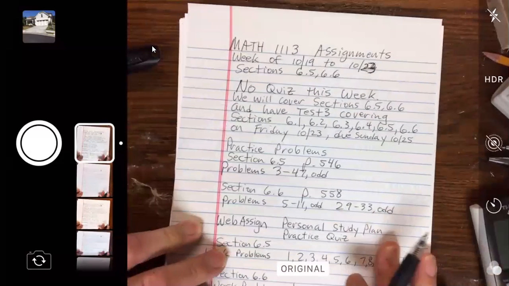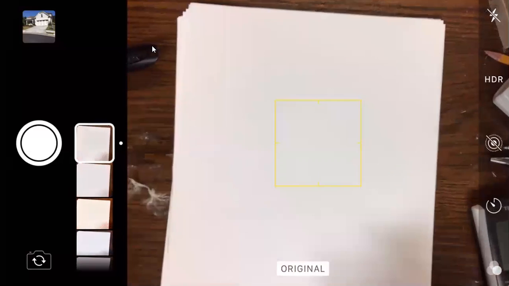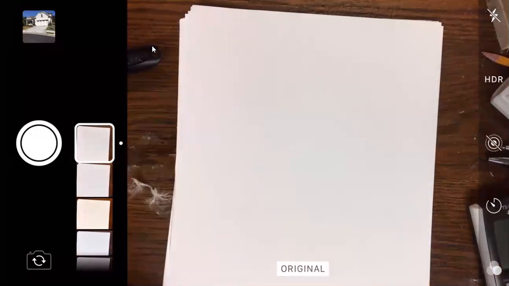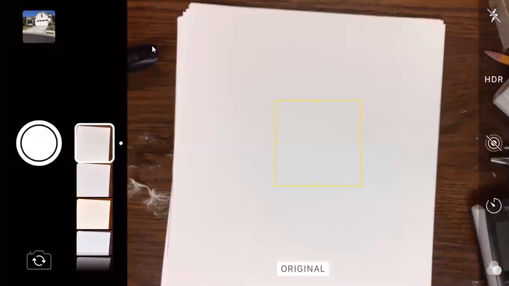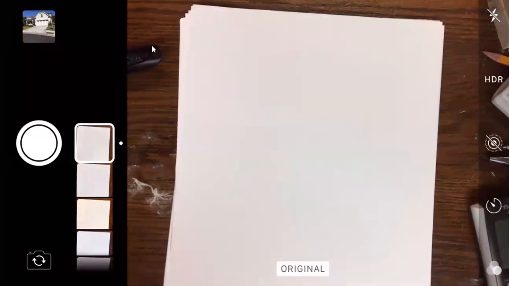Just to give you an introduction to what's going on in 6.5.